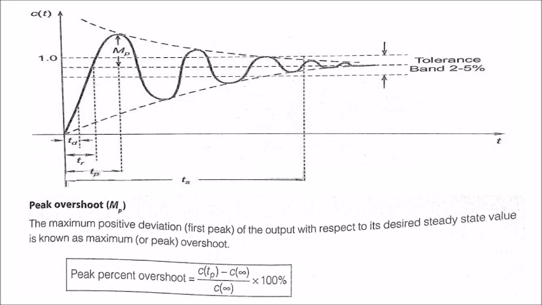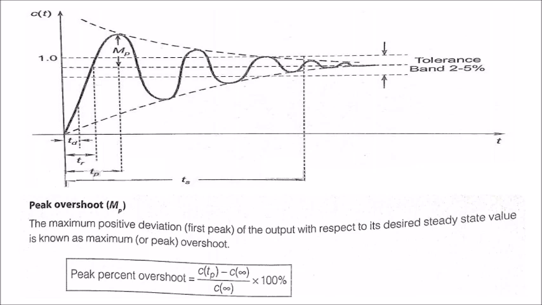Considering this peak overshoot of 250 volt, if you design your system to operate between 150 to 260 volt instead of 230 volt, then even if this disturbance occurs, your incandescent lamp will not burn, it will operate. That is why peak overshoot is an important thing.